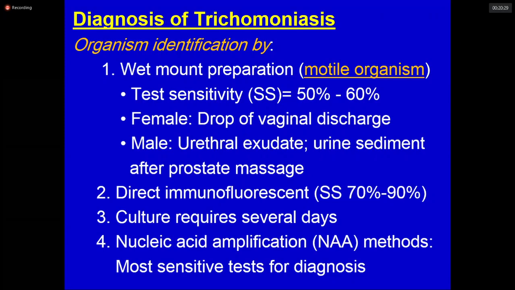This culture is usually done for research work, not for routine work. And recently there is the nucleic acid amplification test, NAA methods, like PCR, for example, or a branch DNA method. This is the most sensitive and diagnostic method for identification of the parasite, but this technique is expensive and not available everywhere.